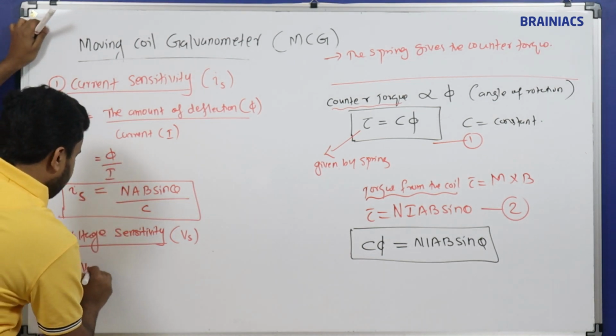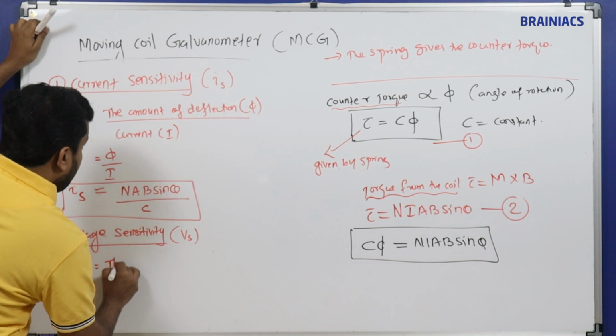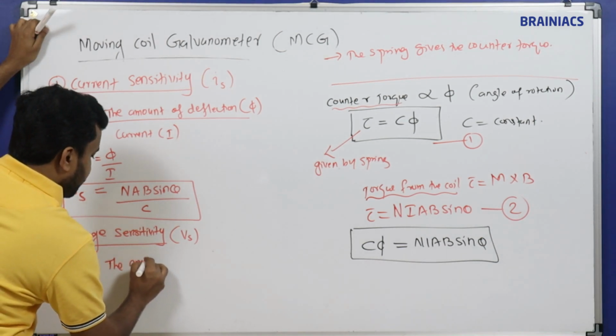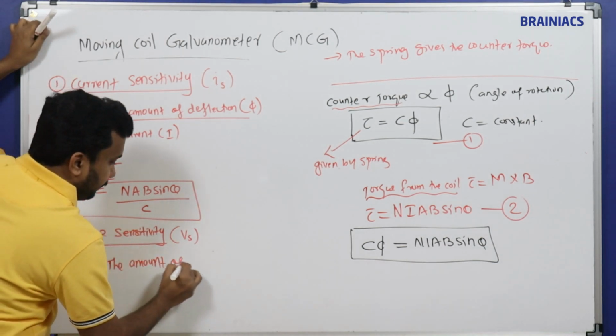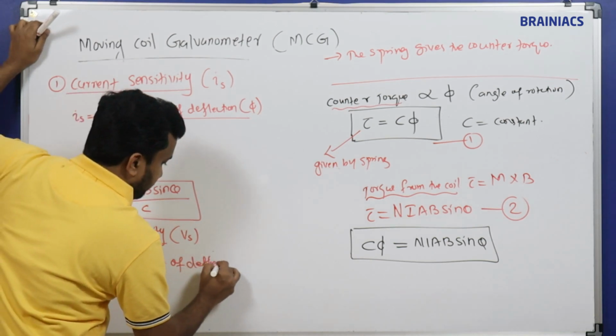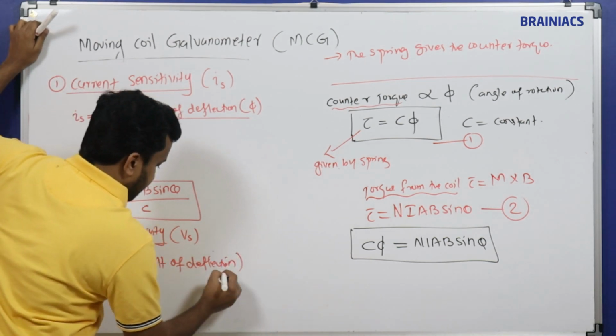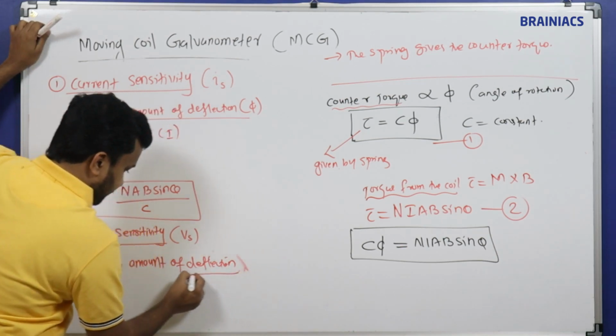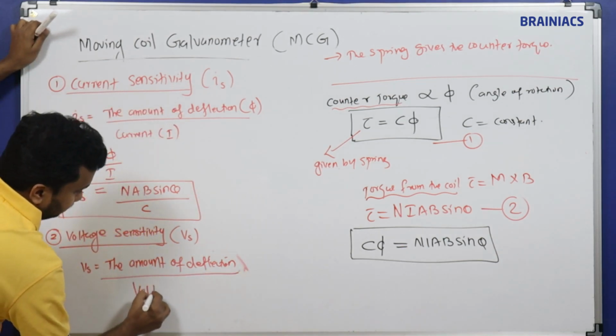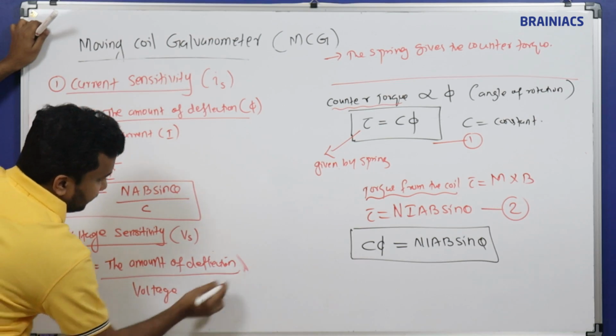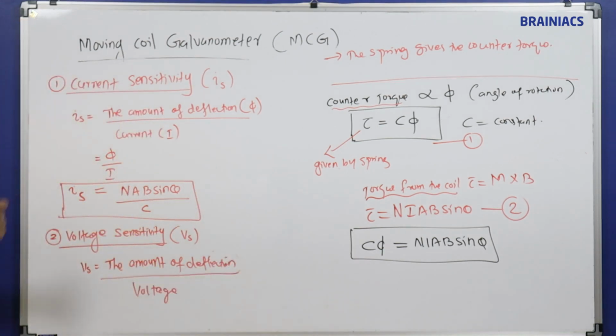So Vs is equal to the amount of deflection divided by the voltage, the voltage which I am applying across the terminals.